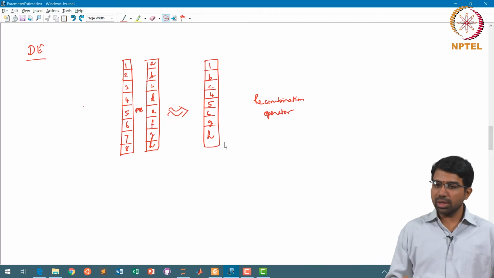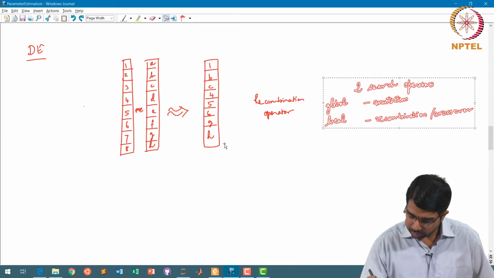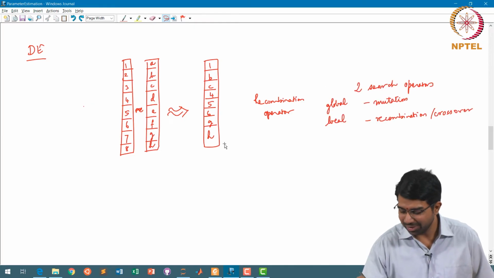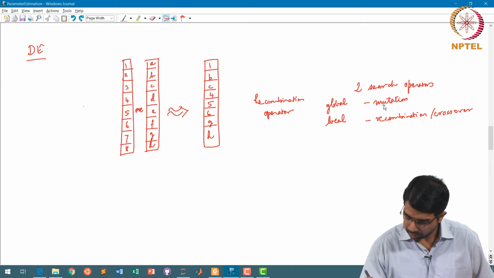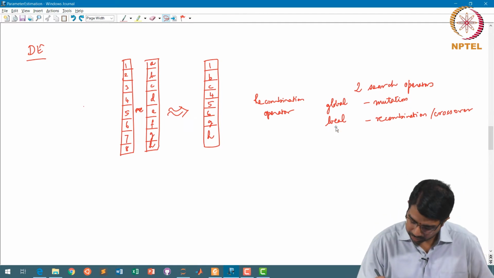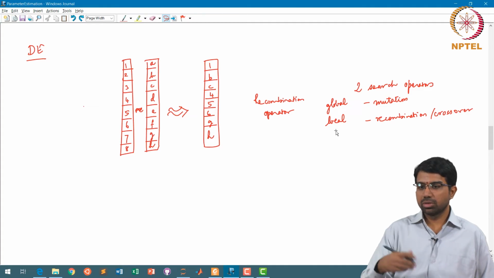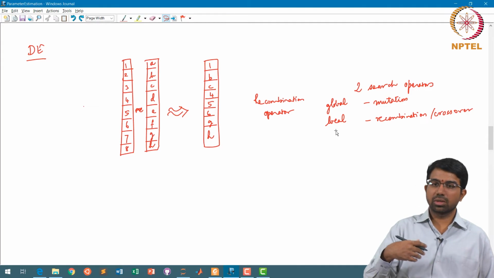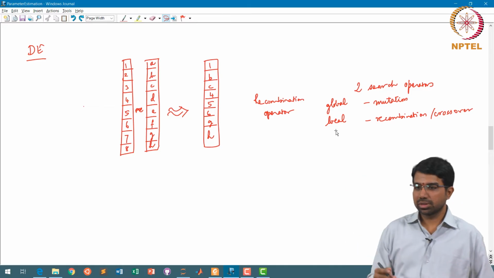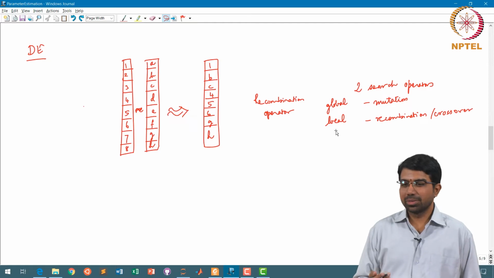So, essentially you need the same thing, you need two or more search operators, mutation, recombination. You can even think of this as global and local, right. Two operators that look in two different styles on the search space that you have. Well, it depends, right.